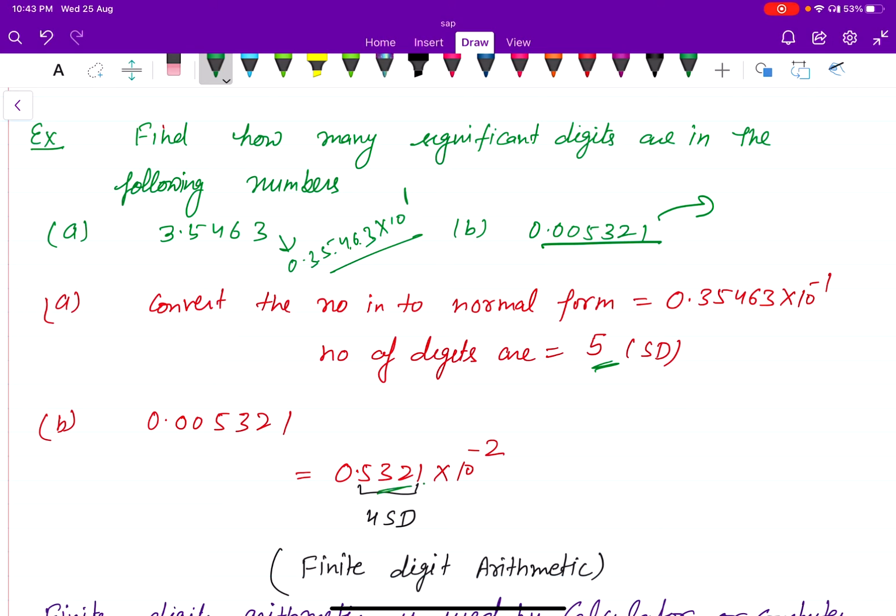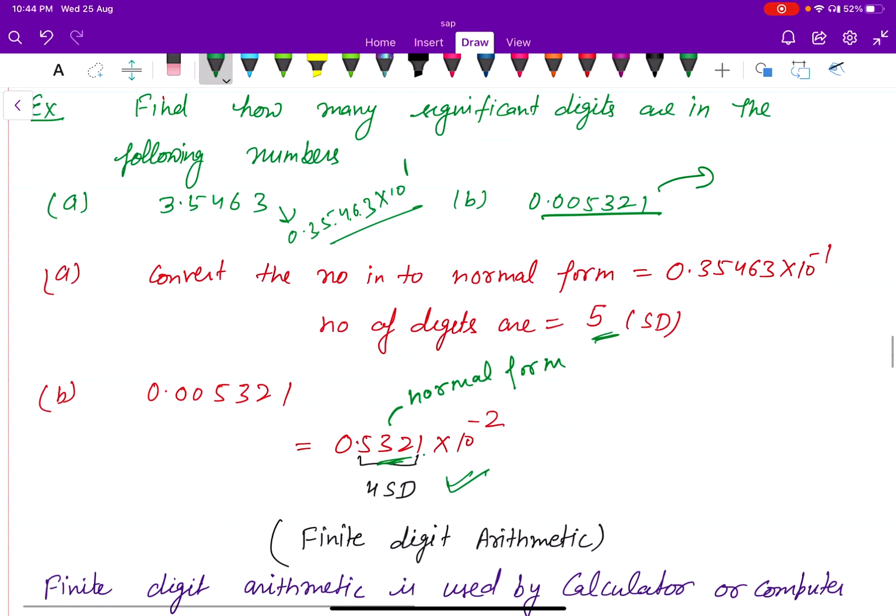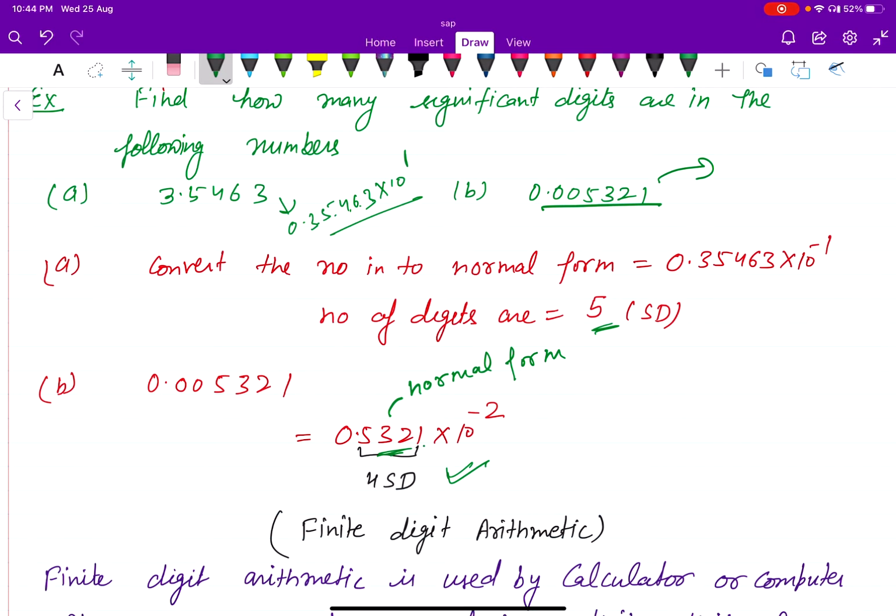This is normal form, and then we count the significant digits. This number has 4 significant digits. So in order to compute the significant digits of a number, write that number in normal form and then count the digits after the decimal.